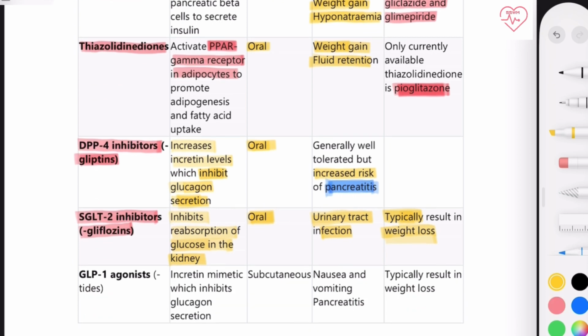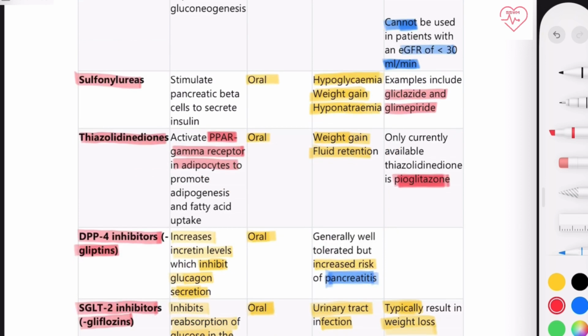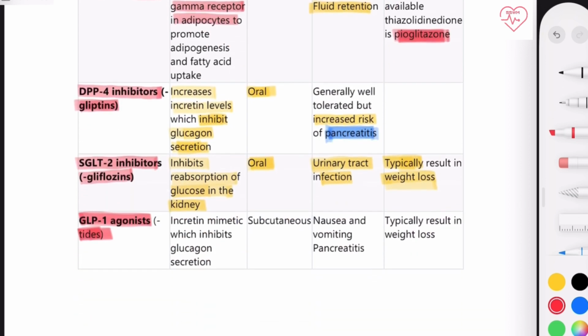Now let's discuss the GLP-1 agonist, that is tides. SGLT2, gliflozins, and DPP4, gliptins. Thiazolidinediones, of which only pioglitazone is available. Sulfonylurea can have examples like gliclazide and glimepiride. Correct. There is metformin and there is insulin.